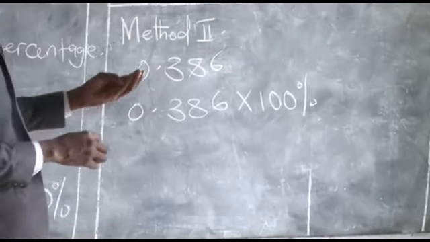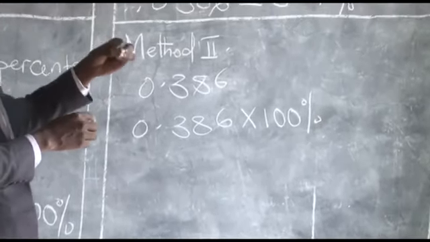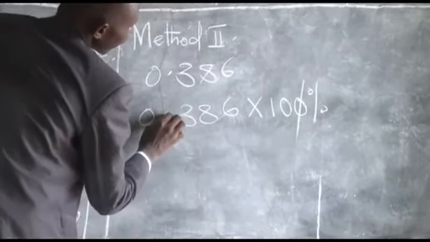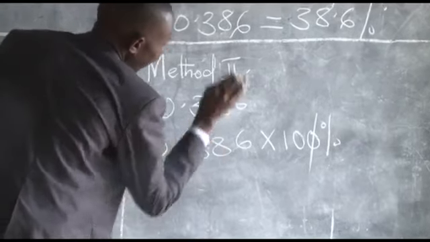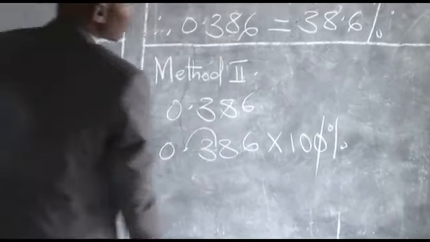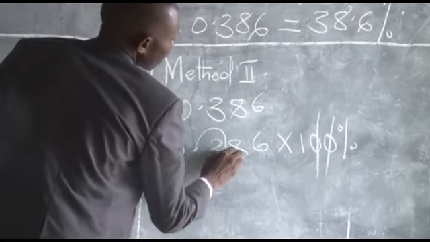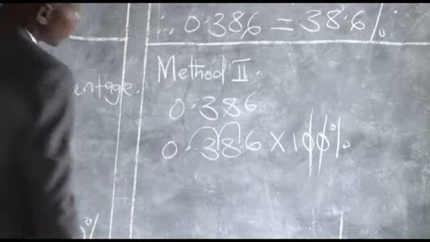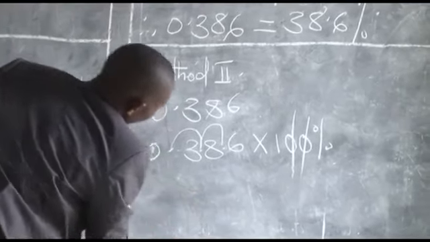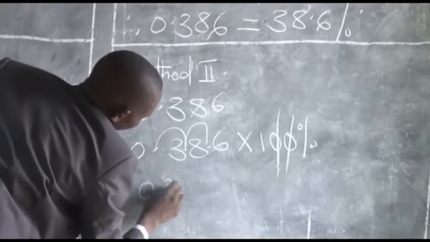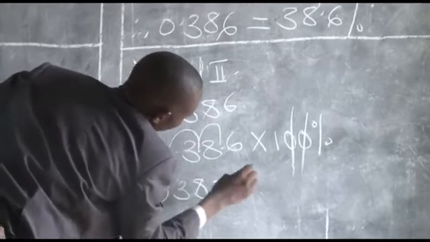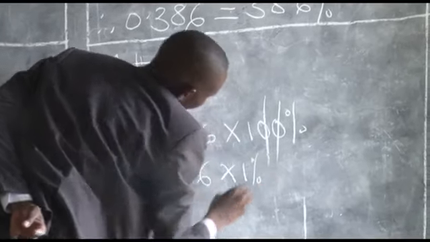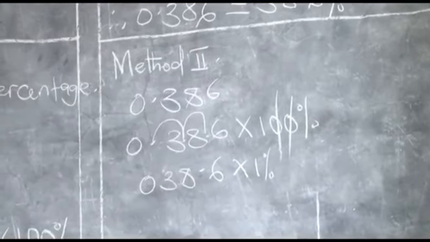So by doing so, in the first example, the second step, we said we shall cancel this 0 and it brings this decimal point here. When we cancel the second 0, it will also bring this decimal point here. Okay? So finally we have 38.6 times 1%. Okay? Let's look at this.